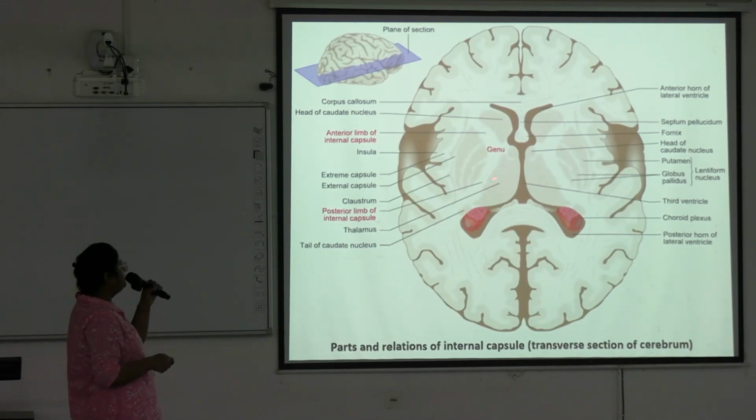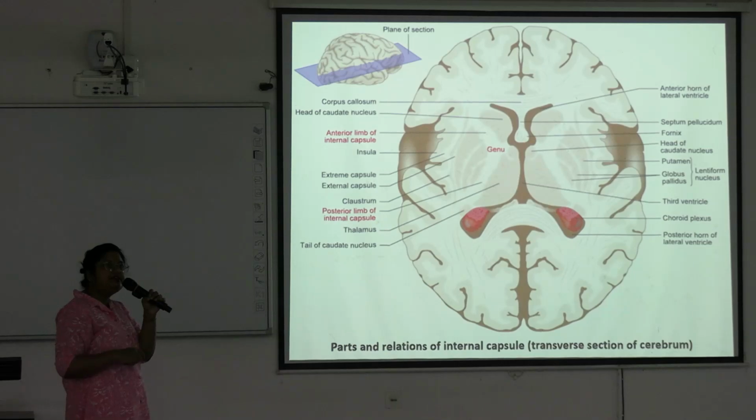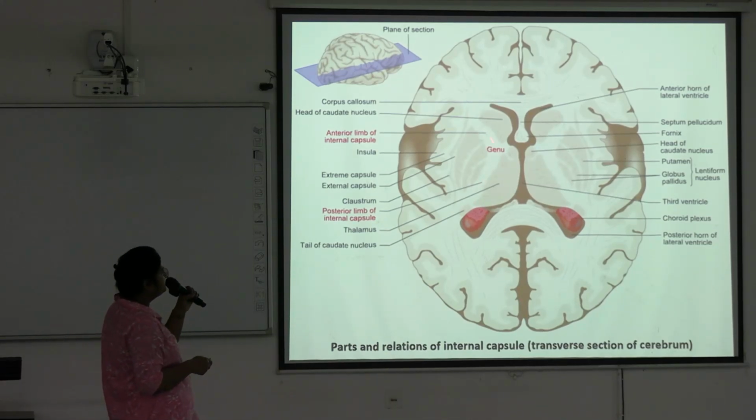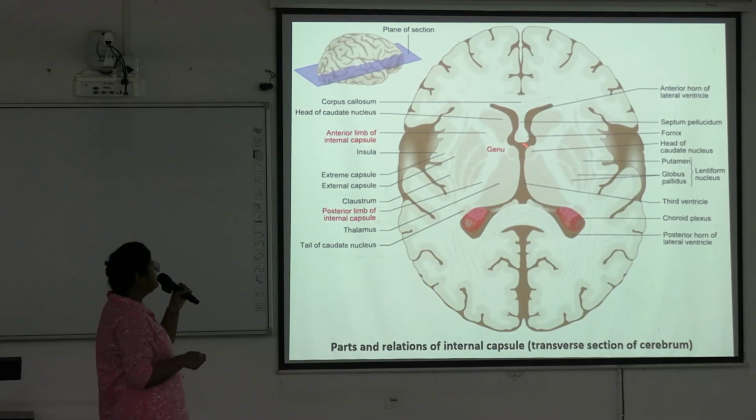This is the head of the caudate nucleus, this is the tail of the caudate nucleus, and this is the thalamus. The caudate nucleus and thalamus lie medially, and the lentiform nucleus lies lateral to the internal capsule. Understood? This bending is known as the genu.